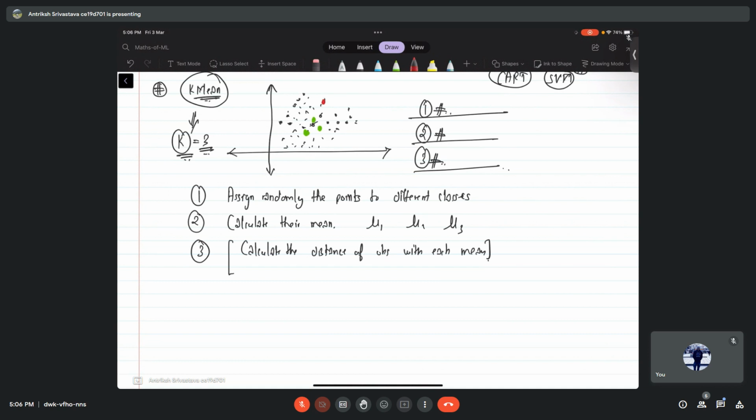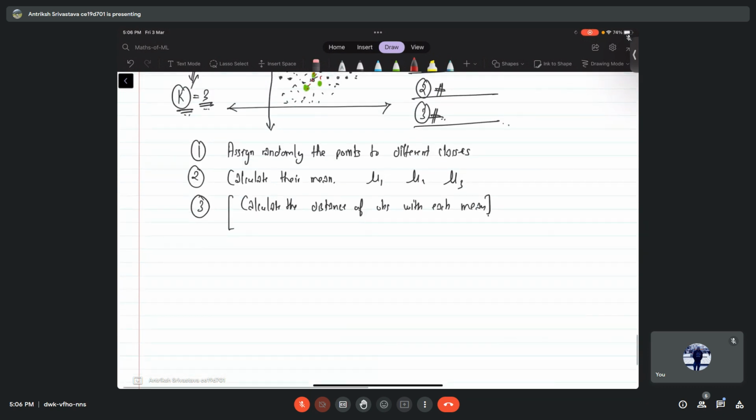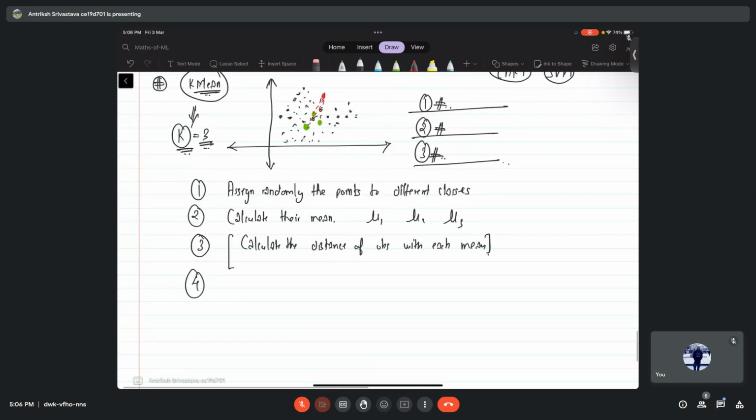Let's consider one random point here with these three means, and the mean which is closest to this point, choose that class. So this also goes here only. Choose the class of the mean closest to the point under consideration.